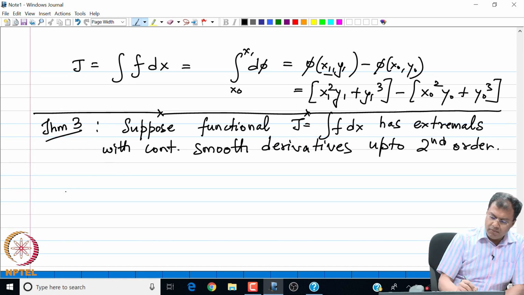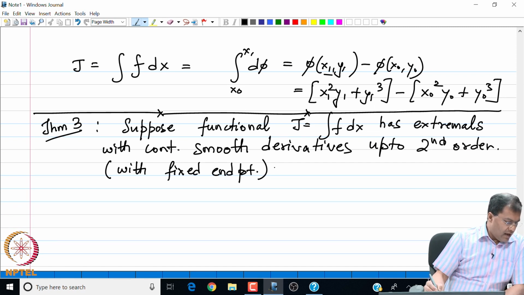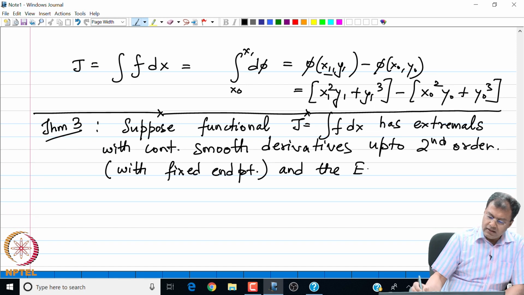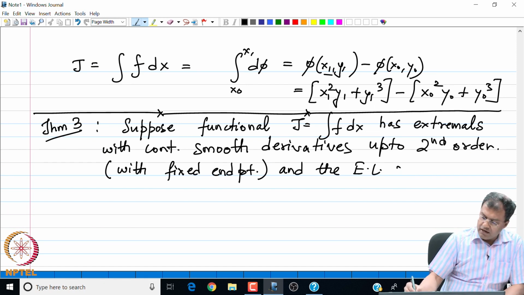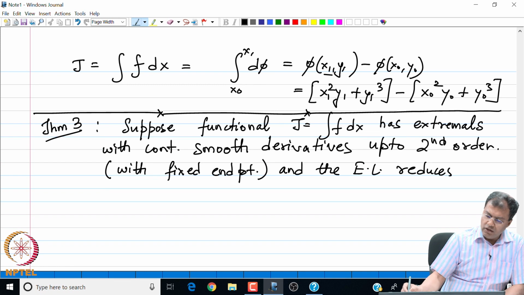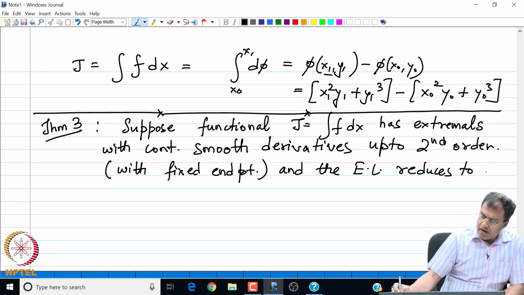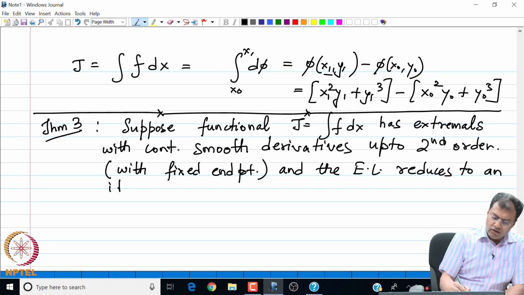extremals up to second order, well, I forgot to mention the extremal is an extremal with fixed endpoints. So, we are still looking at fixed endpoint problems, right, and such that the Euler-Lagrange equation reduces to an identity.